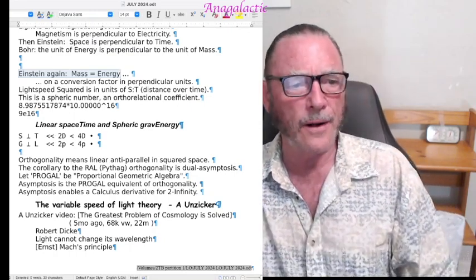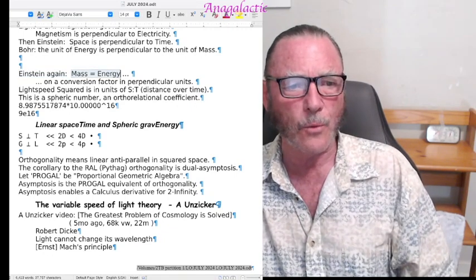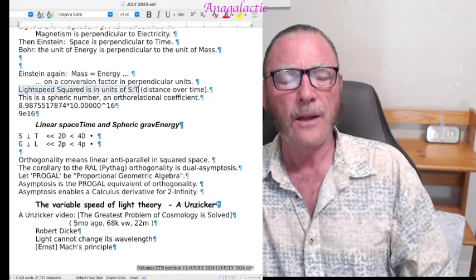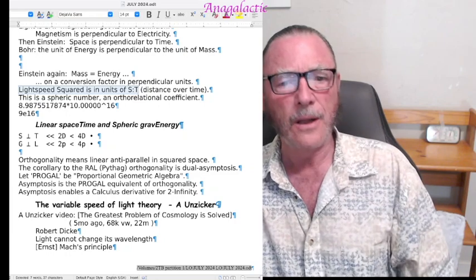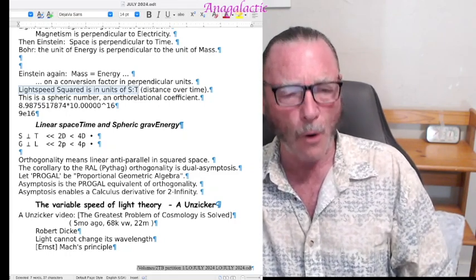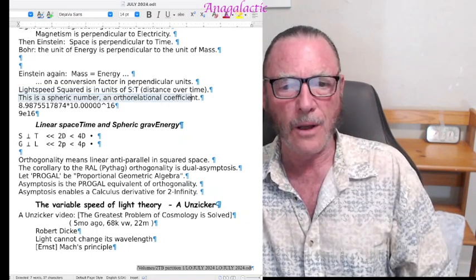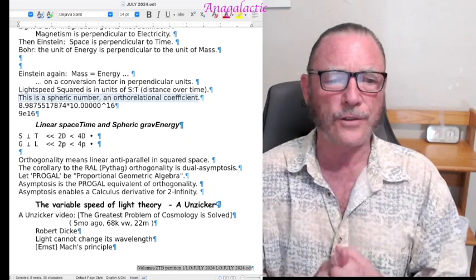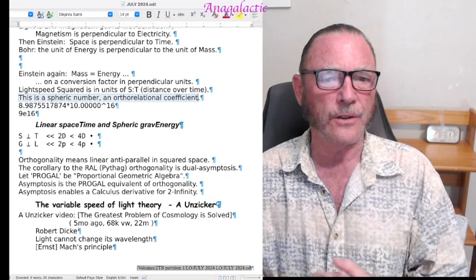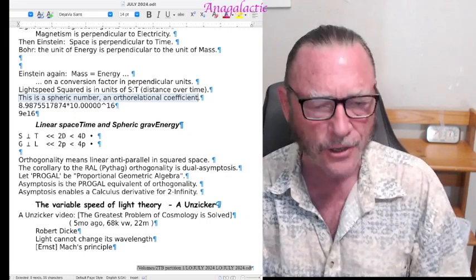Light speed squared, c squared, E equals mc squared. What is c squared? Light speed squared. What is light speed? Distance over time. That's space, proportion, time. So this is a spheric number. I proved that in 2022. And since it's a spheric number, it's a fraction. That's called a fraction.